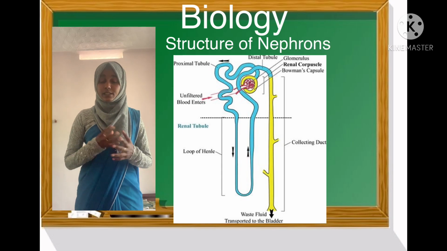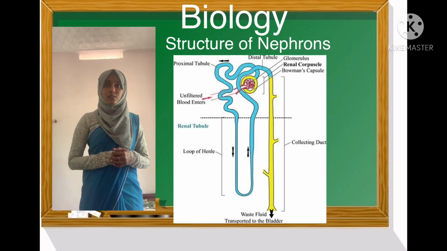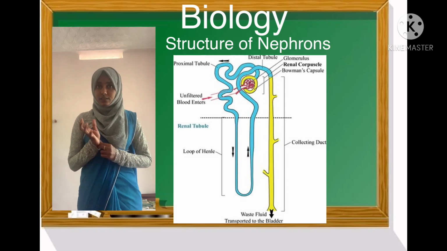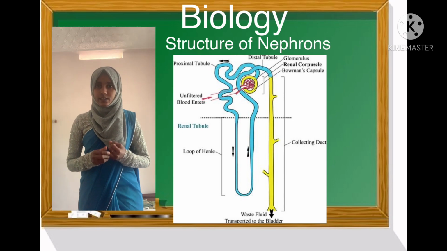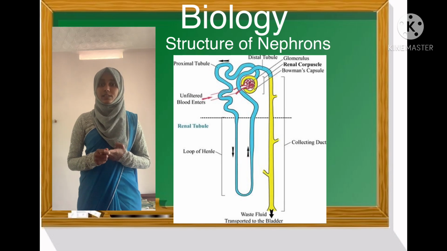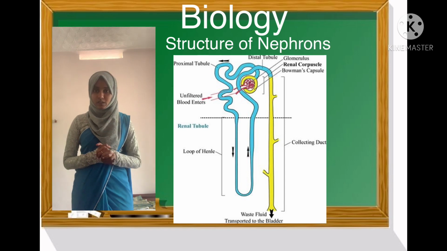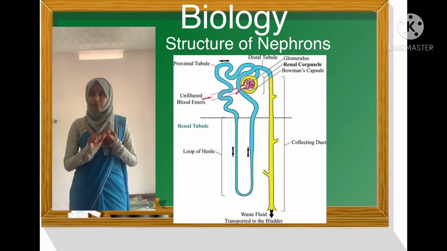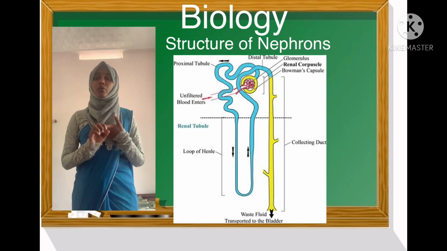The nephron is the basic structural and functional unit of our kidney. There are many different parts, which are the Bowman's capsule, afferent vessel, efferent vessel, glomerulus, renal tubule, capsular space, collecting duct, and peritubular capillaries.